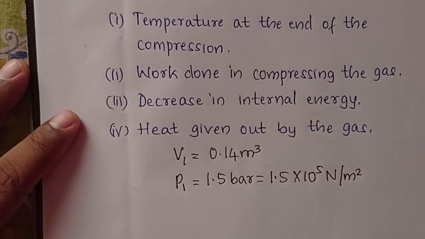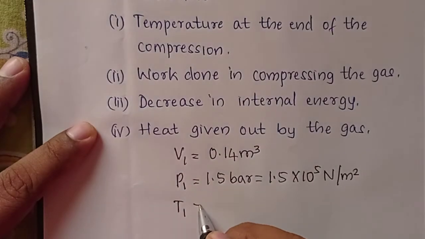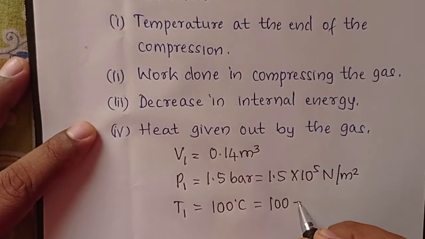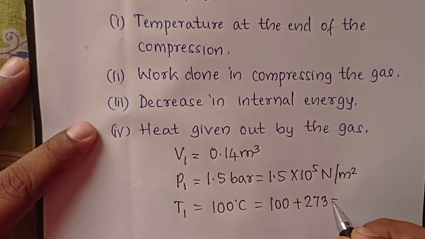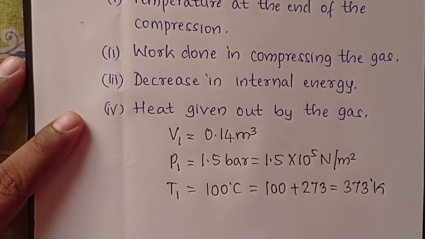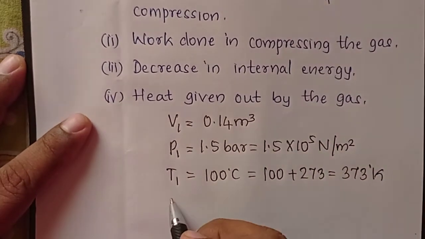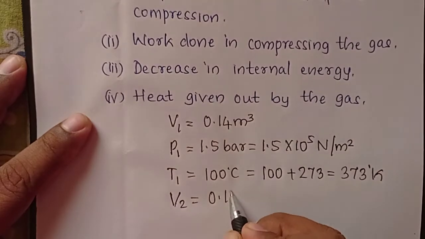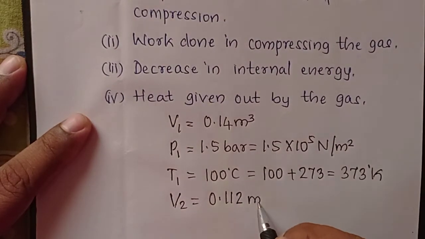Then temperature T1 is 100 degree centigrade. So that is 100 plus 273 will give me the answer as 373 degrees Kelvin is the value of T1. Then V2 is given. V2 is 0.112 meter cube.